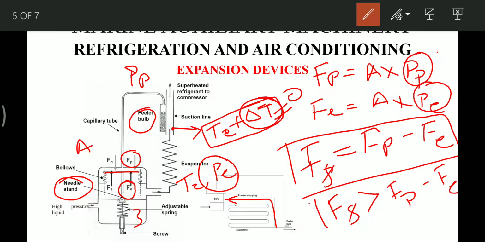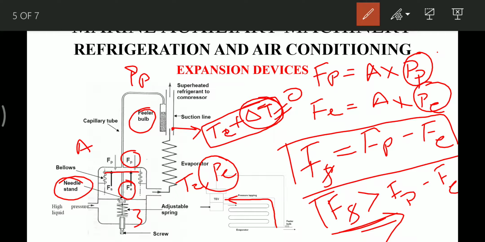This condition takes place when the thermostatic expansion valve is with cross charge. In that case, this spring force keeps this orifice closed. So this is how this expansion valve works when the compressor is switched off.